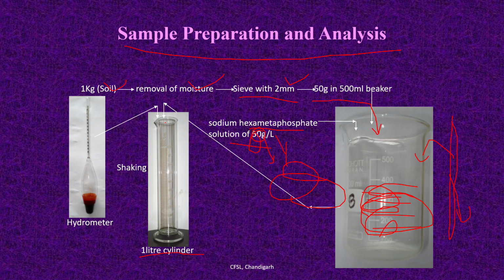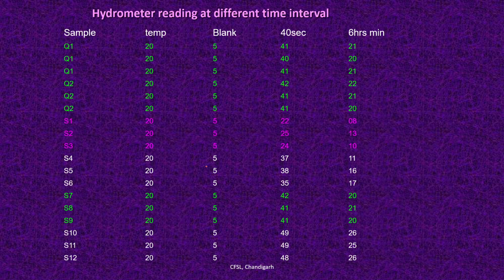You can close the upper mouth with the palm of your hand and turn the cylinder up and down so that the mixture becomes homogeneous. Then put the hydrometer in this jar and take readings time by time, keeping a stopwatch ready.